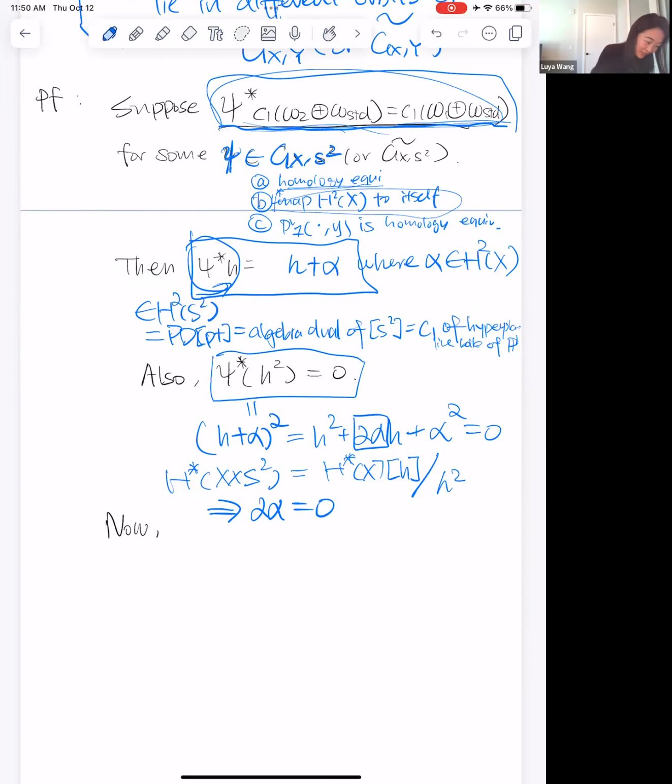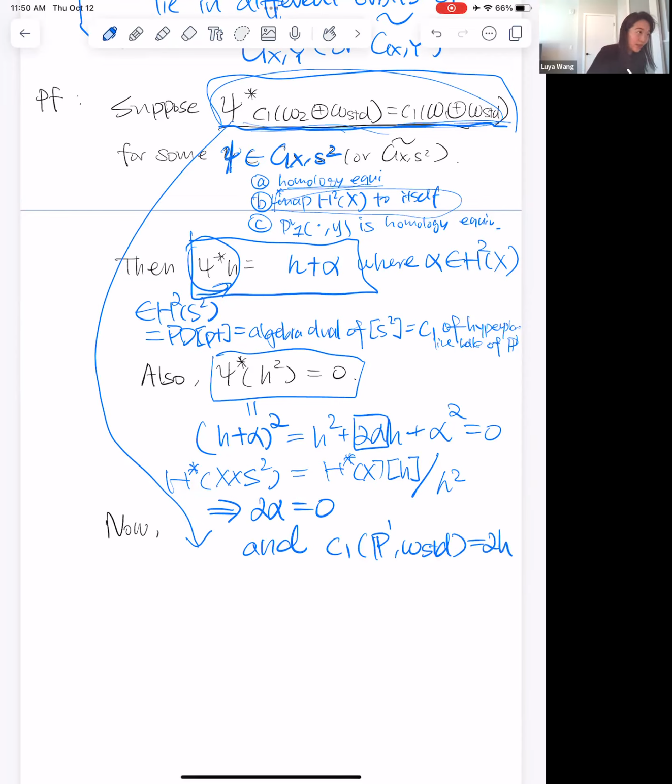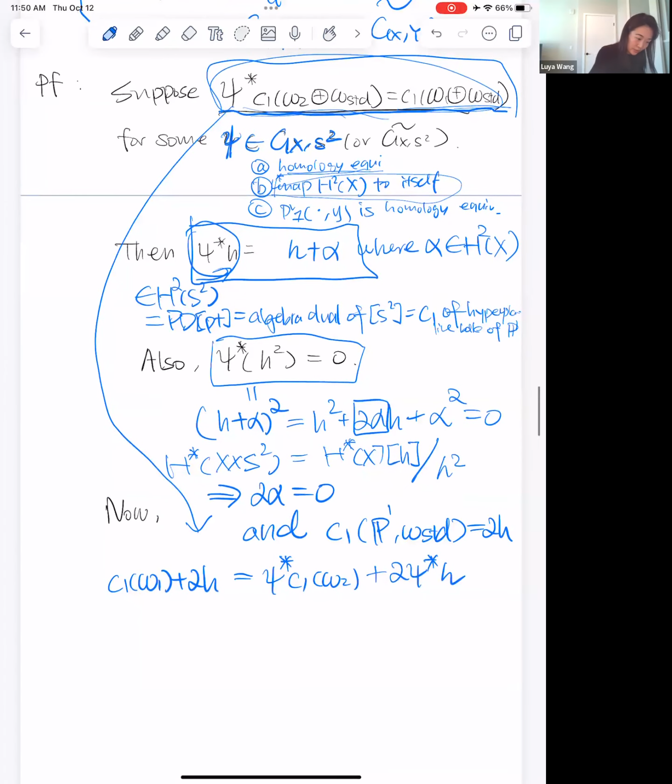Now by the assumption, together with the fact that C1 of P1 with omega standard is equal to 2H, we know that C1 of omega 1 plus 2H is equal to psi pulls back C1 of omega 2 plus 2 psi H. Again, we're using this assumption.